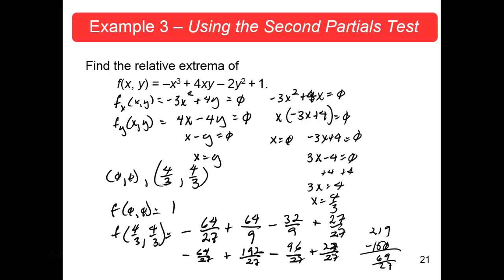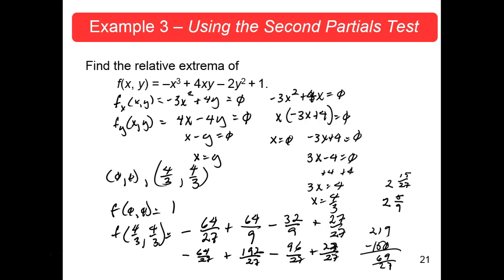In fact, a little bit greater than 2. 2 would be 54 27ths, and this is 69 27ths, which would be 15 27ths more, which we can reduce if I'm doing my math right. 2 and 15 27ths, which would be 2 and 5 ninths. So something a little bit more than 2.5, not quite 3.